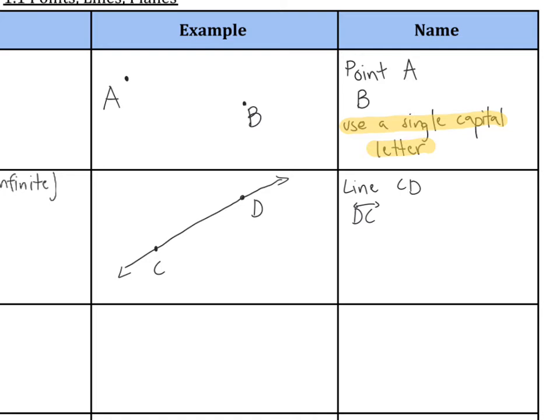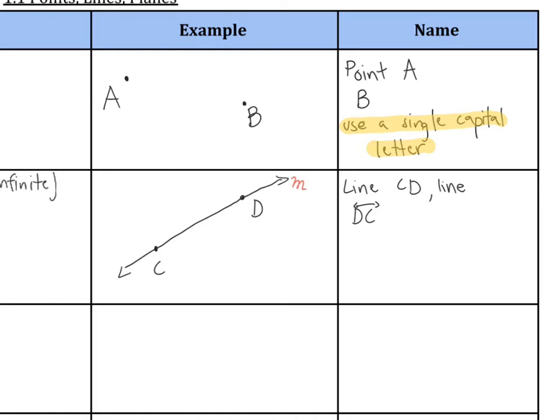The final way to name a line is to look for a single lowercase letter, maybe script or cursive, because that is another way we might name lines.